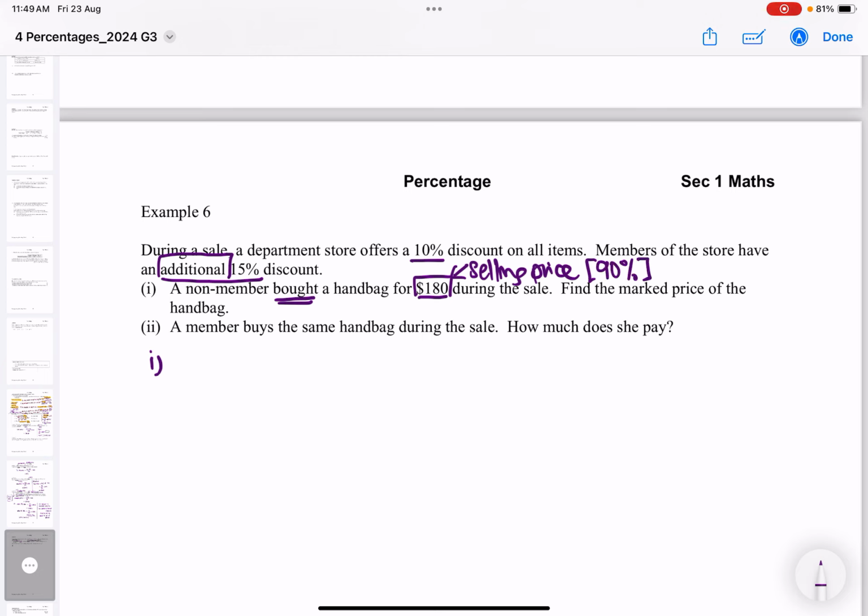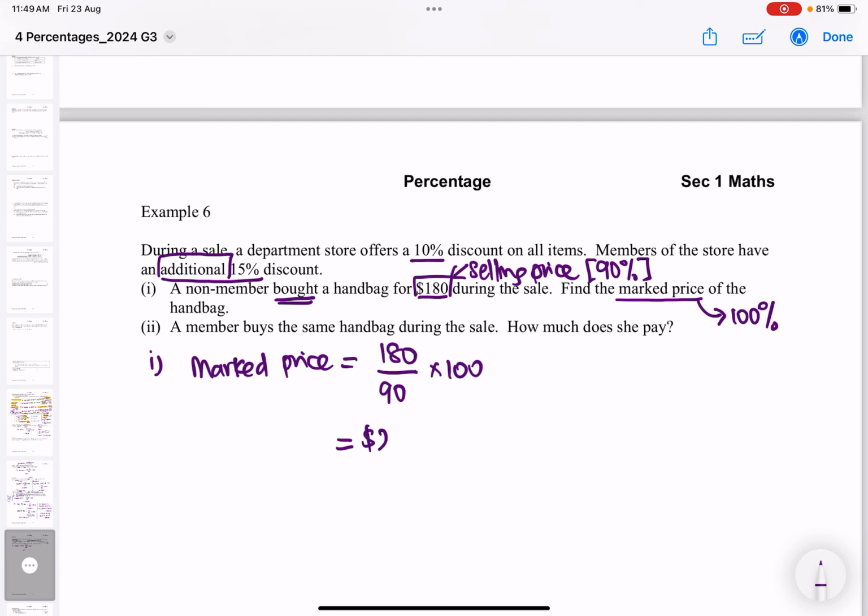So this $180 actually represents 90%. When the question wants us to find the marked price, that is always the original, so that represents 100%. In order to find the marked price, I will find 1% by taking 180 divided by 90, then multiply by 100 to find 100%.